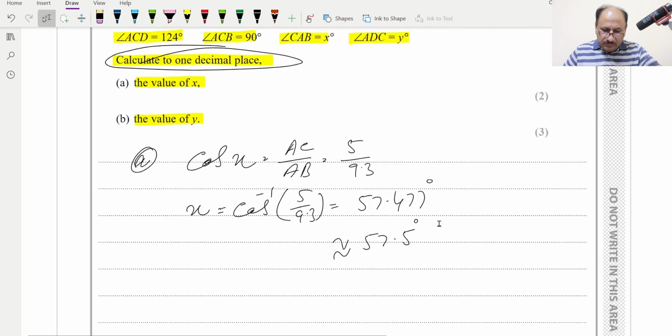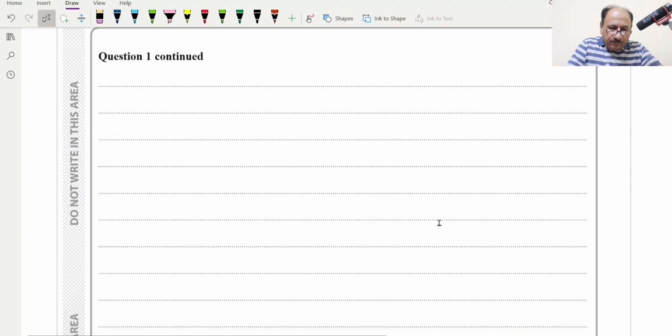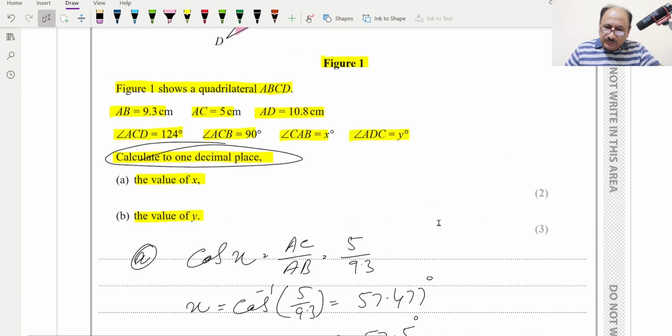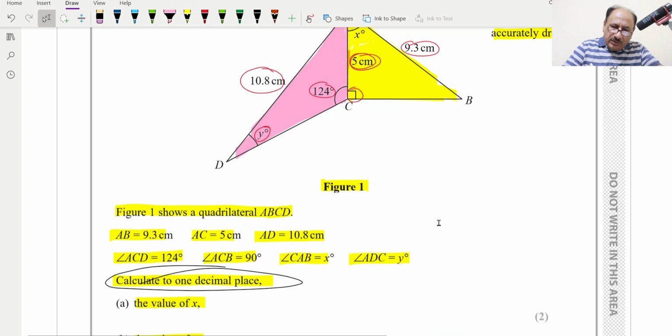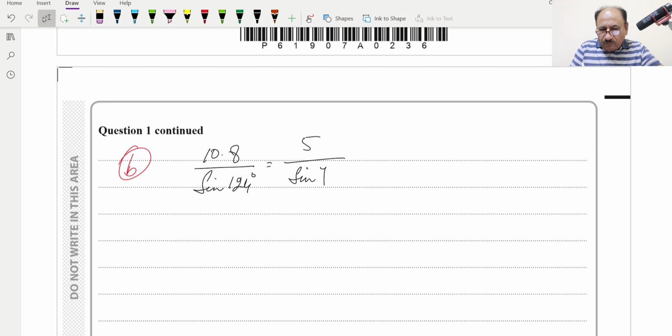So we can solve part b over here. By the sine rule, 10.8, which is this side, divided by sine of 124 degrees will be equal to 5 over sine of y.